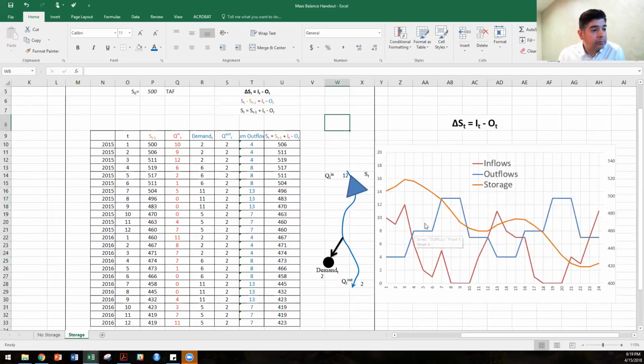When the outflows are greater than the inflows, the storage will decrease. When we have the same values, the inflows equal to the outflows, there is no change in storage. The value between the previous and this one is exactly the same. When again the inflows are greater than the outflows, the storage increases, and vice versa. So that's how you can see, in this case for a reservoir, how the mass balance equation is working.